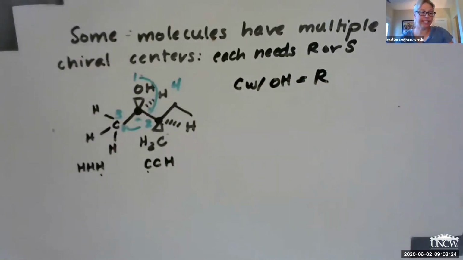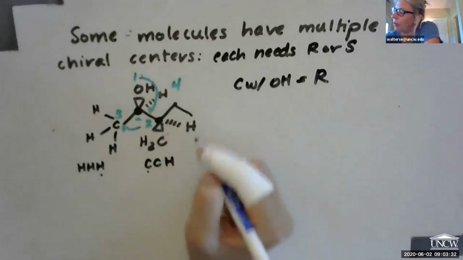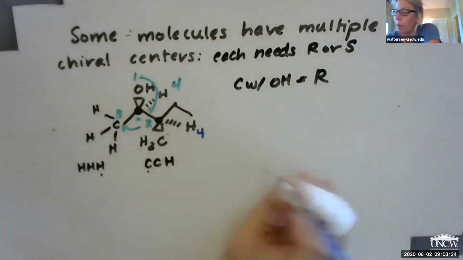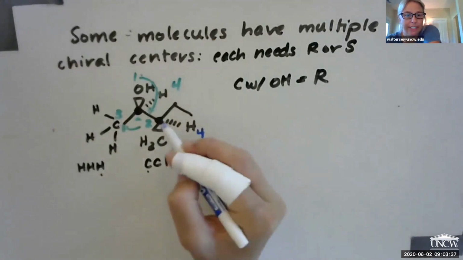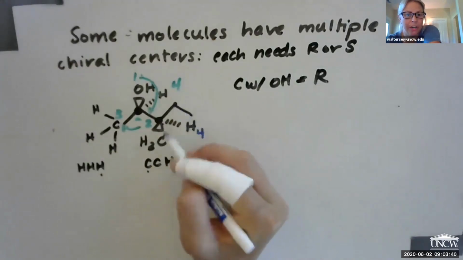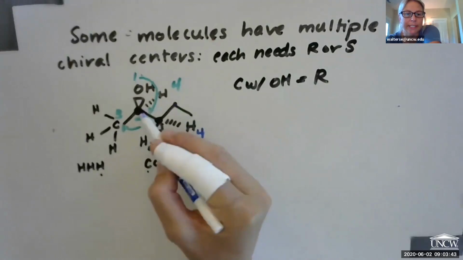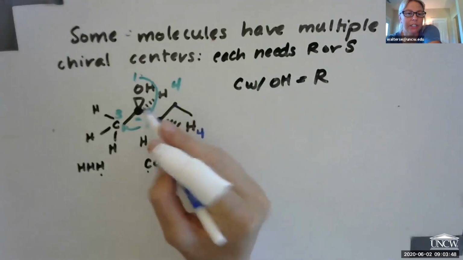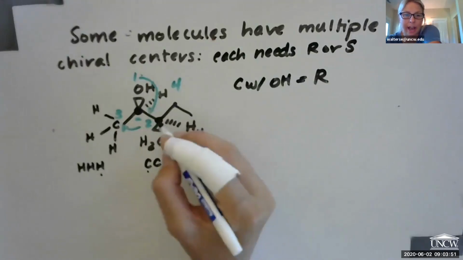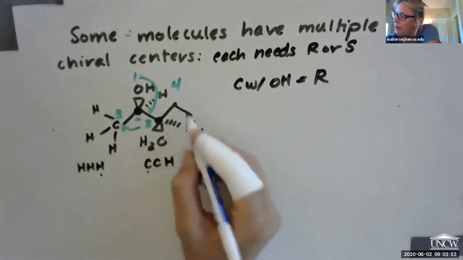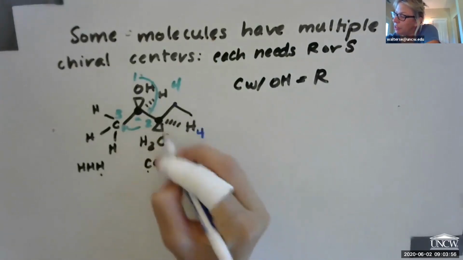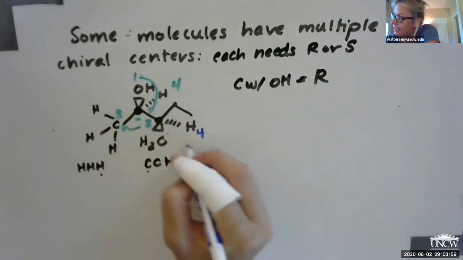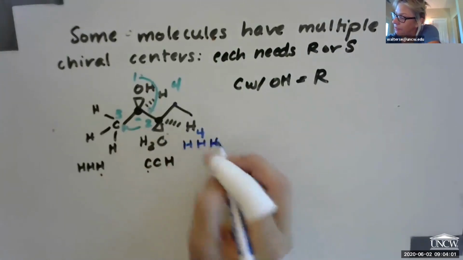Then we have to do the same thing, but look at the carbon with the methyl group. Again, here we would have priority 4. And now this carbon is bonded to 1, 2, 3 carbons. So we have to figure out which of the carbon sets is going to be higher priority. For this side in the blue, this carbon has hydrogen, hydrogen, hydrogen.